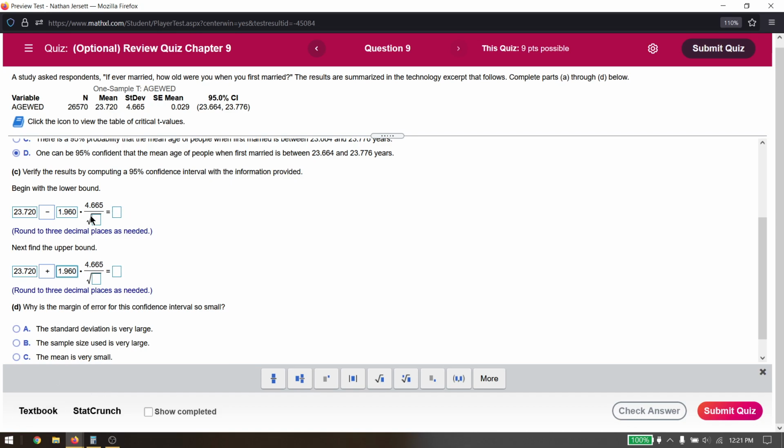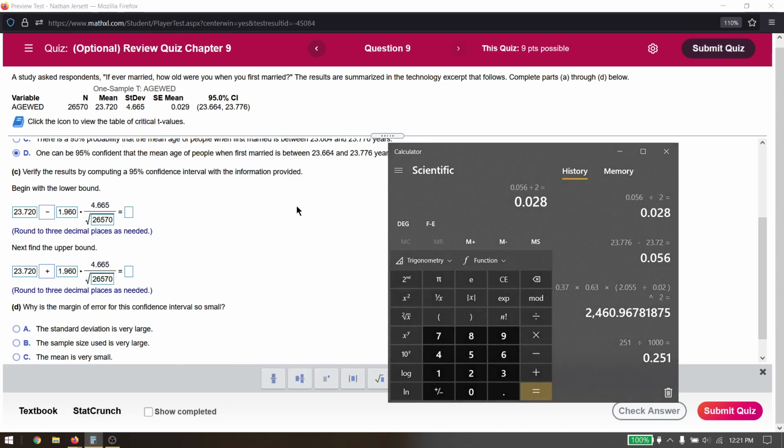I do believe that is going to be n. Yeah, standard deviation. So n is going to be 26570. And now we just need to calculate that. 23.720 minus 1.960 times 4.665 divided by the square root of 26570.